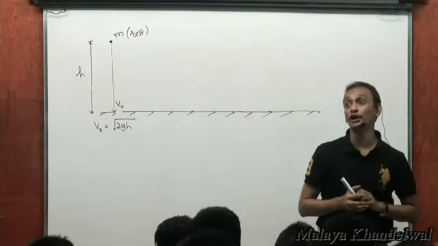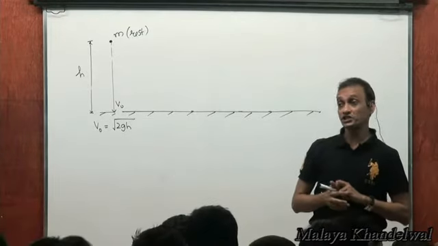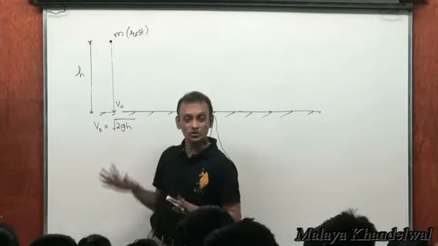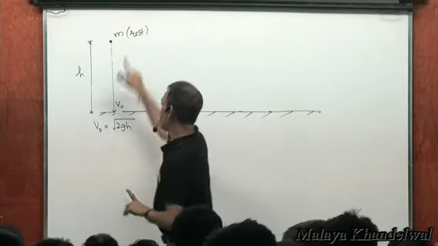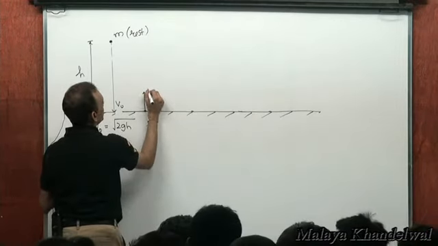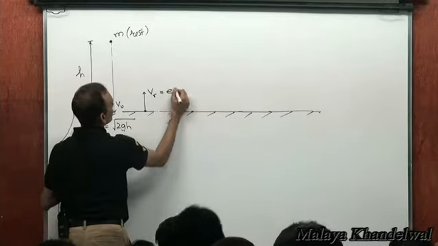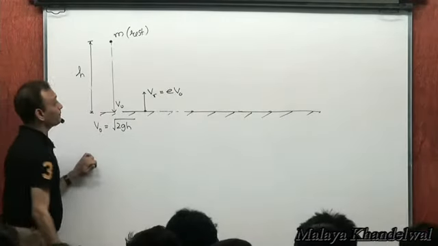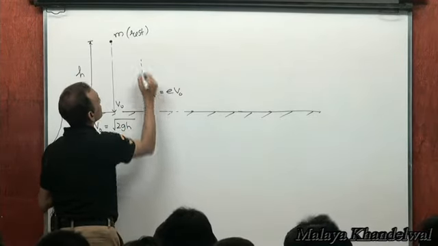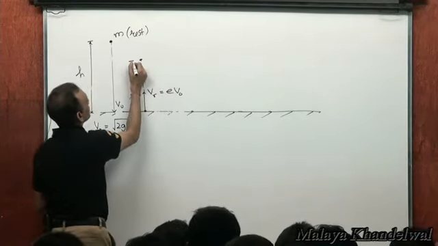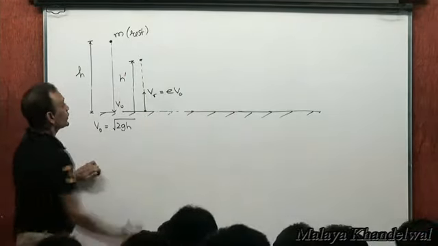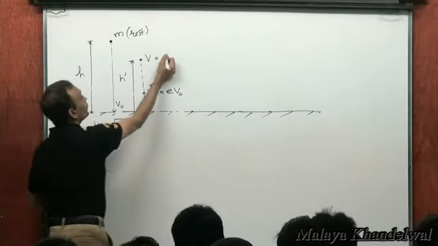So now this is a head-on collision of two entities, Earth and the particle. The Earth is very heavy, it's not going to nudge. So then this particle will rebound with a velocity E v0, and it will rise to a height, say h prime, where its velocity will become 0.